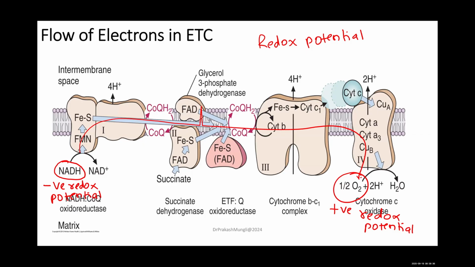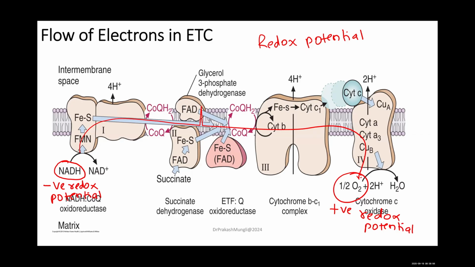Okay. Now, with that concept, if you look at this figure, it starts from NADH. Look at here, NADH. That's where you got to start reading this figure. And this NADH is going to donate its electrons and protons to complex 1.